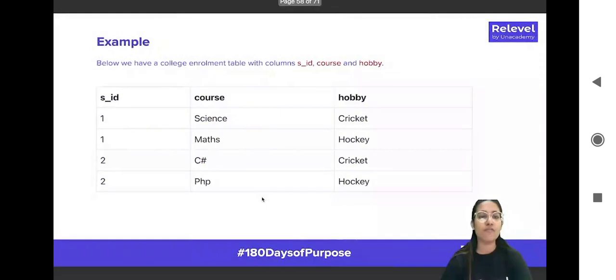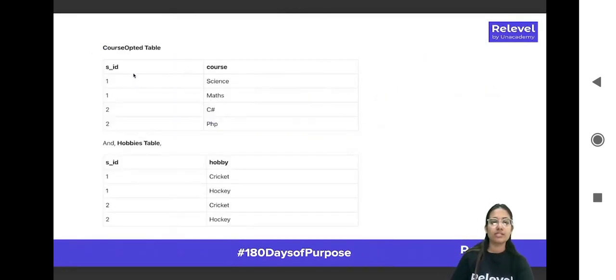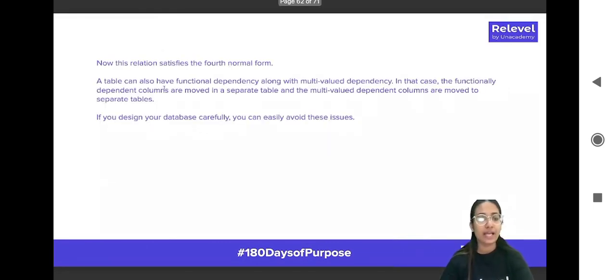Okay, that is how we basically solved the problem. To satisfy the fourth normal form, we decompose the tables into two tables: student ID and course, and student ID and hobby. And that is why it says over here that this satisfies the fourth normal form.